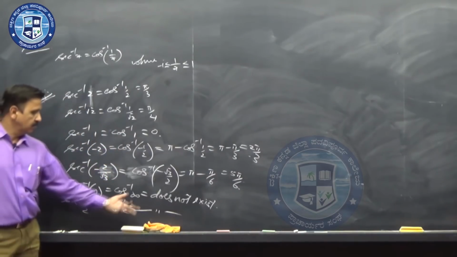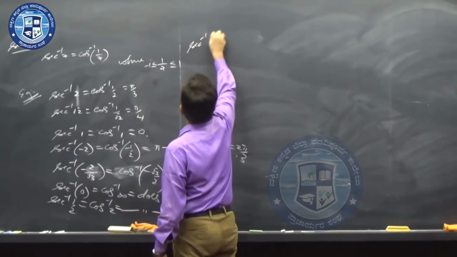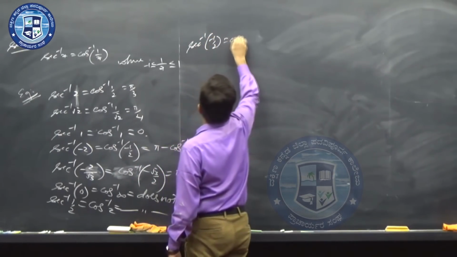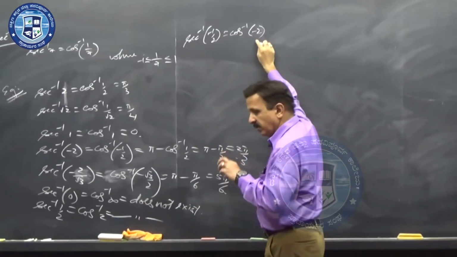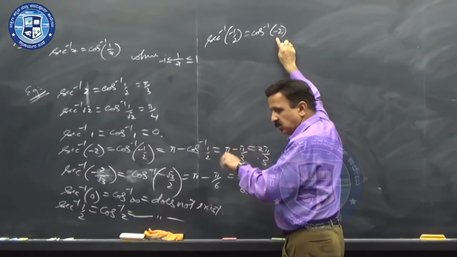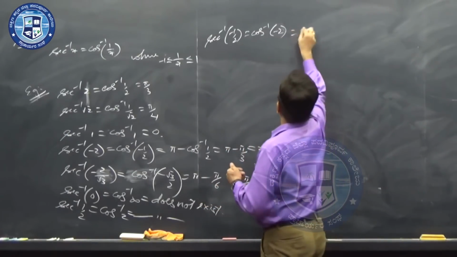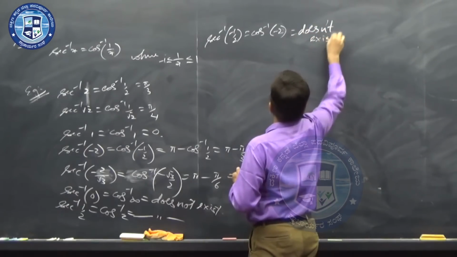And similarly, secant inverse minus half is equal to cos inverse of minus 2. Again it must be between minus 1 and plus 1, and here it is minus 2, well below minus 1. Does not exist.